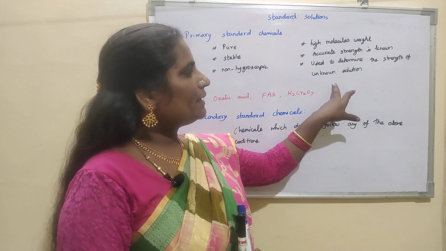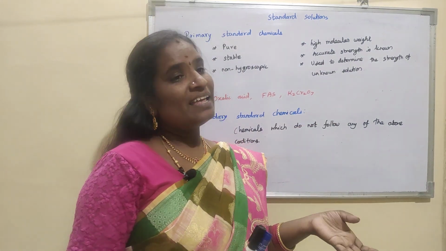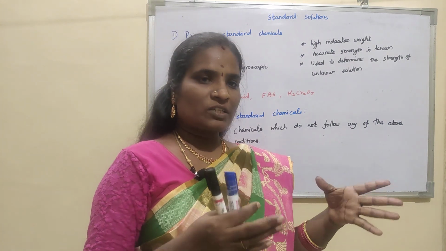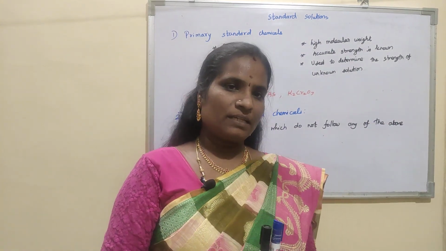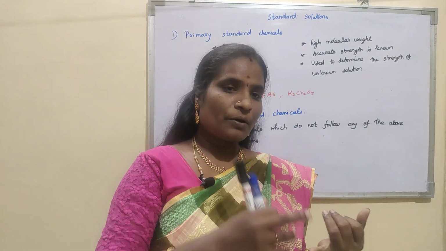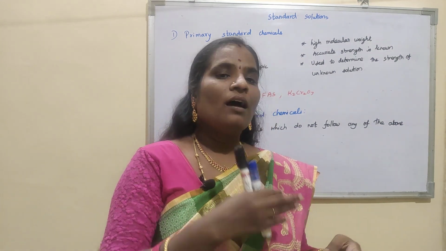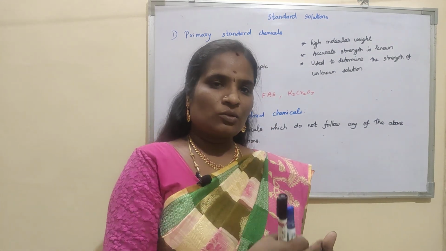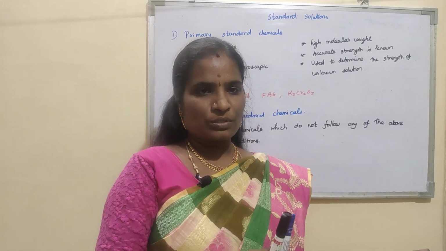And when we know the concentration of this primary standard chemical, we can find out the concentration of unknown chemicals, especially the secondary standard chemicals. So these are the properties of primary standard chemicals: they are pure, stable, and non-hygroscopic, they have high molecular weight, and their strength is known. They are used to calculate the strength of other unknown solutions.